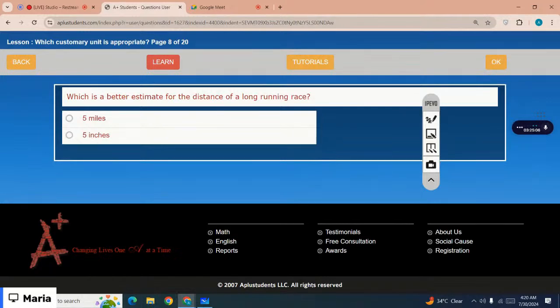Which is the better estimate for the distance of a long running race? 5 miles, 5 inches. Which is the correct option?